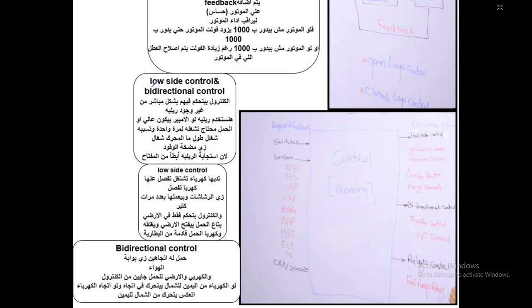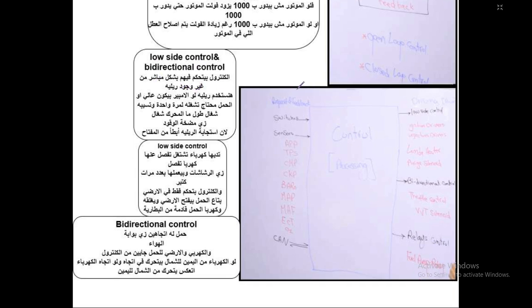But in bidirectional control, for example with a VVT solenoid, the ECM controls both terminals, the ground one and the power one. You know what I mean? Because we have two directions. The solenoid moves in two directions to push the oil in the camshaft to make a specific movement.